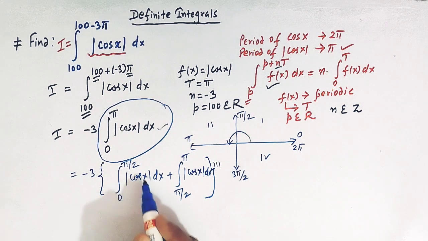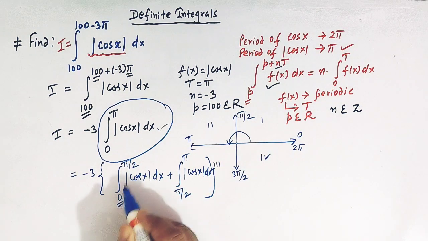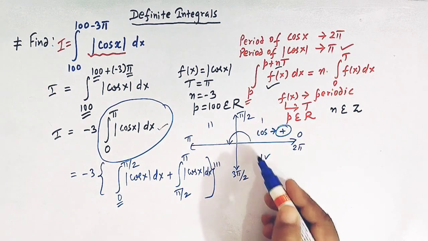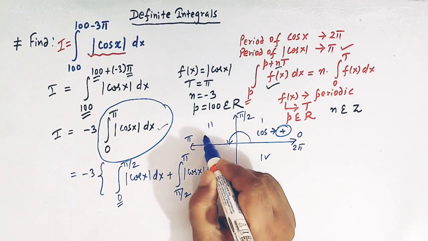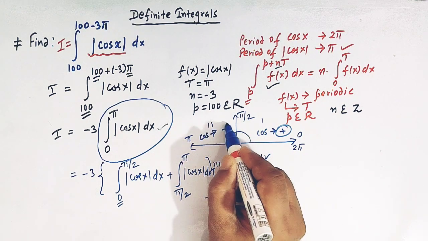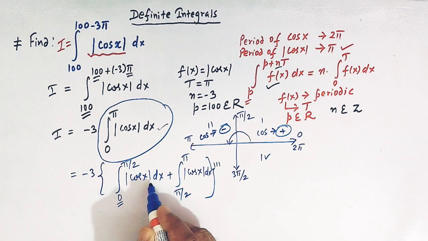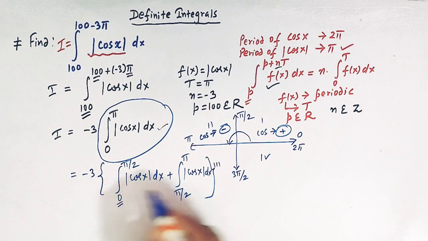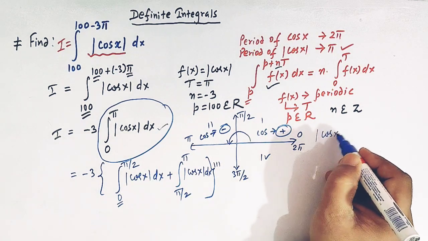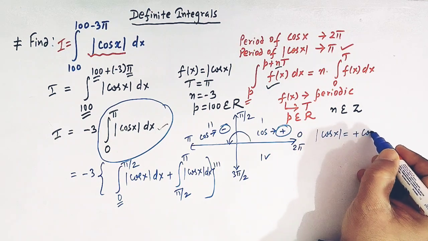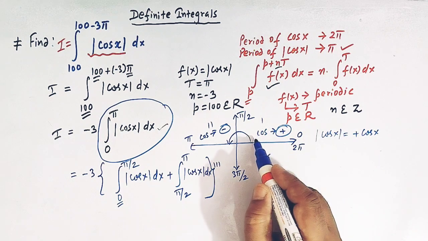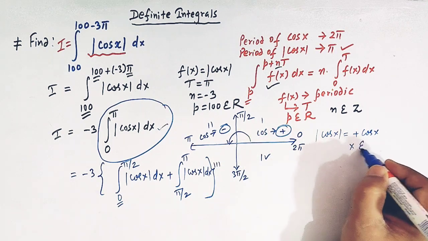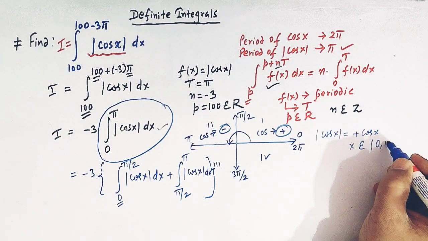Now in the first quadrant, that is from 0 to pi by 2, the cosine function is positive, and in the second quadrant, the cosine function is negative. So from the definition of the absolute value function, mod of cos x is equal to positive cos x when x lies in the interval 0 to pi by 2.